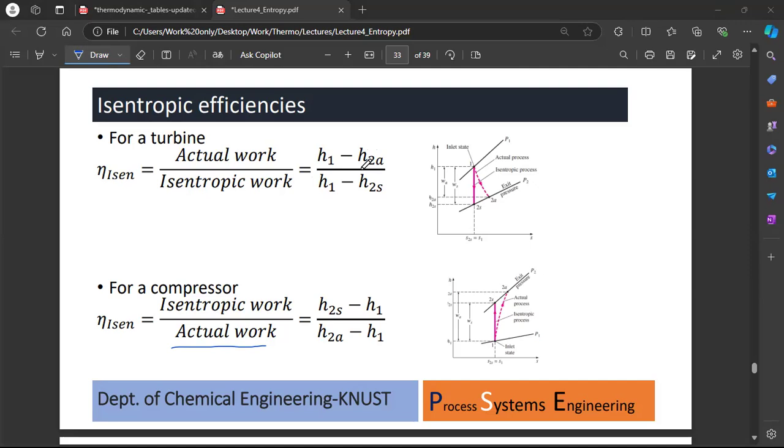The path that we actually take, we end at H2. That's the actual enthalpy we end at. So that's why the difference between them is the actual work. In this case, H1 is higher than H2 because we are dealing with a turbine. So the enthalpy of what is coming in will be higher than what is coming out, because you're going to cause it to expand. And then when we consider H2S, that is the enthalpy it would have ended at if we assume we're dealing with an isentropic process.